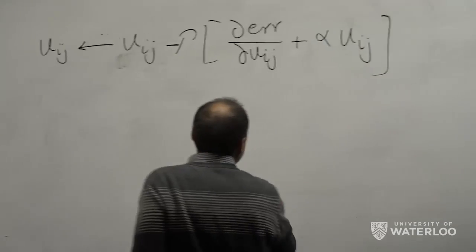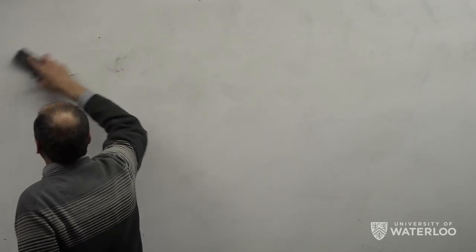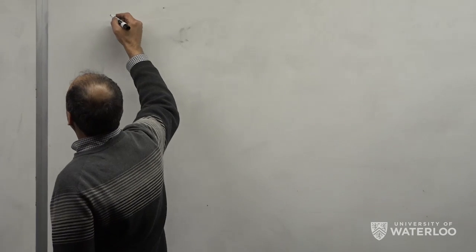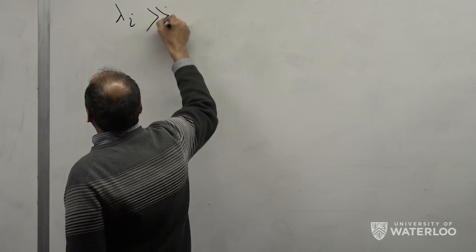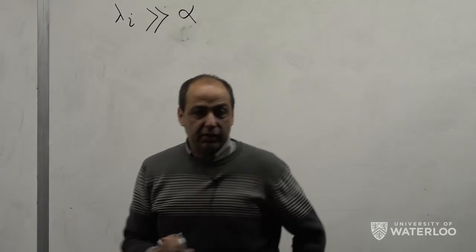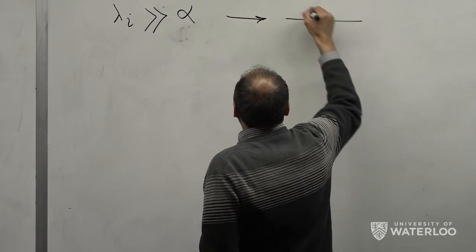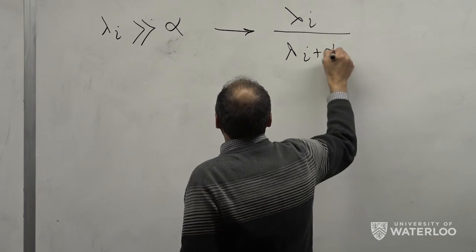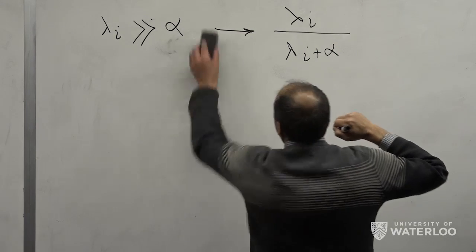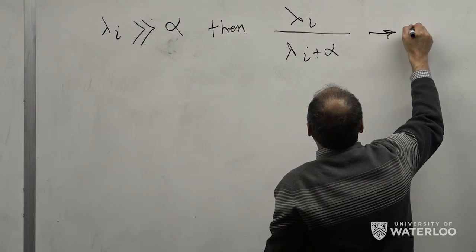So lambda is the eigenvalues of the Hessian matrix, and alpha is the coefficient of the penalty that you add. If lambda i is way bigger than the coefficient, then lambda i over lambda i plus alpha approaches 1.